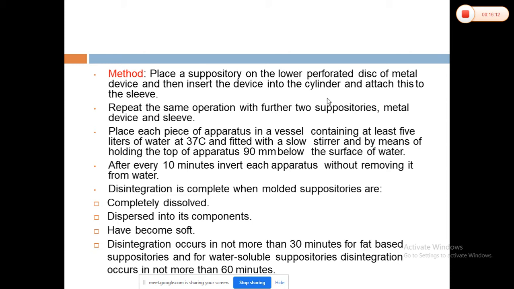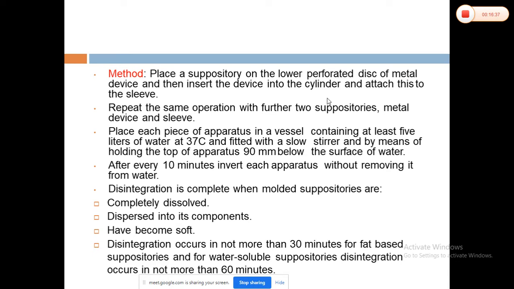But what we are checking here at 37 degrees Celsius is whether your suppository completely disintegrates or not. After every 10 minutes you have to invert the apparatus without removing the water. Just invert it, providing shaking. Here they have given the limits also.